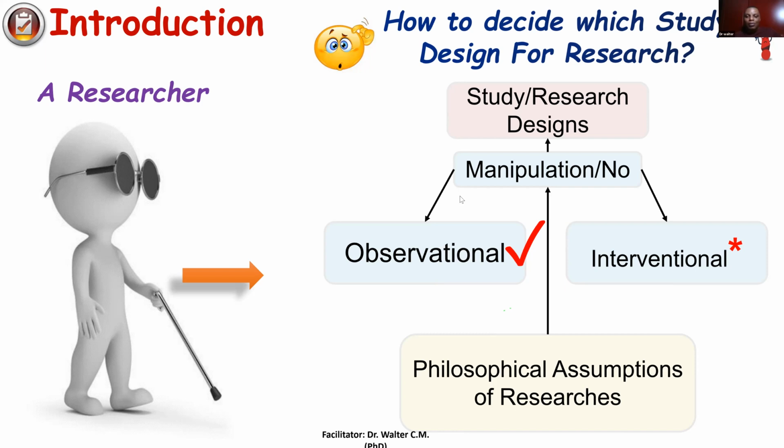So interventional studies, from the philosophical point of view, mean that you need to manipulate the independent variable or input factor and the participants involved in that study. If you are in that position, you will know where you are heading in your research. So we did the observational study, and today we are in the arm of interventional studies.